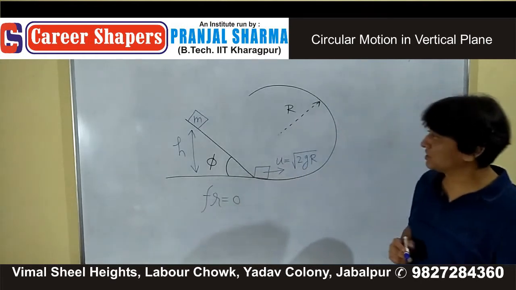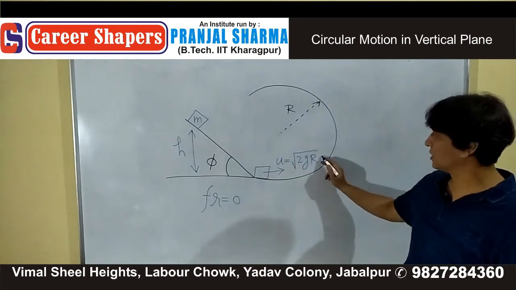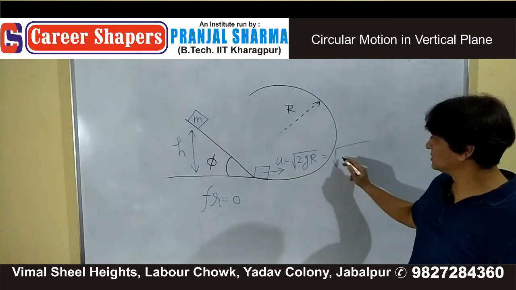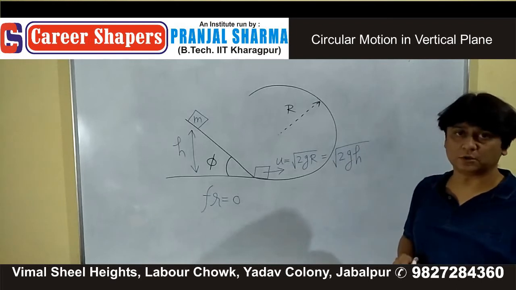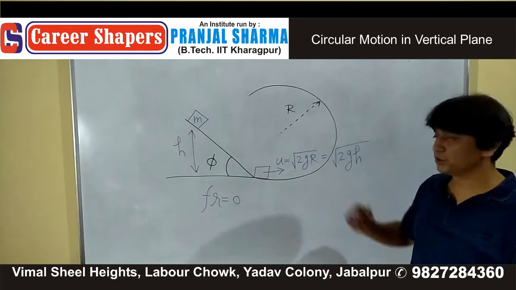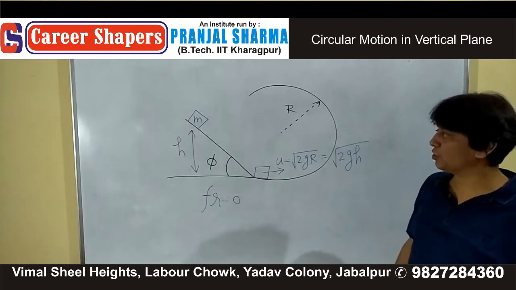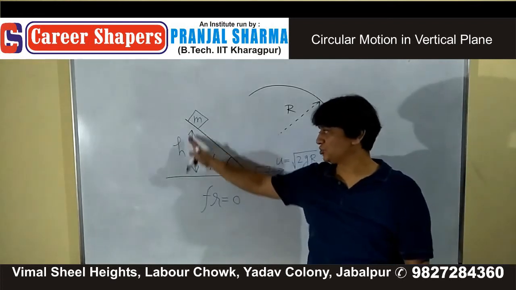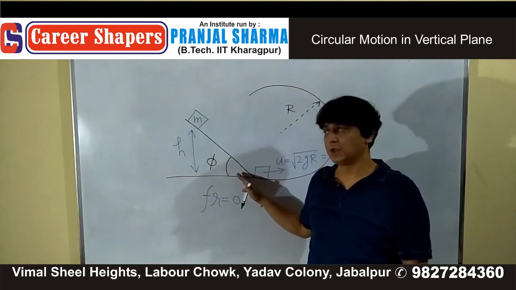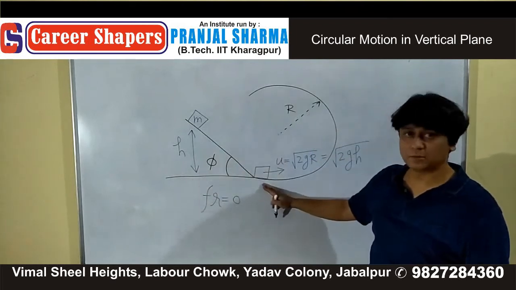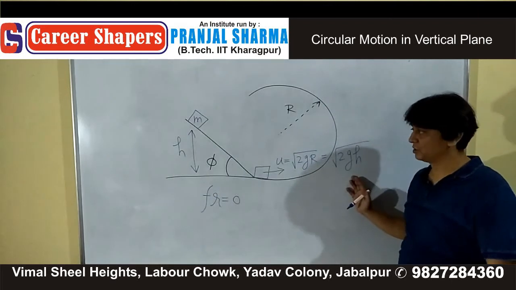What the first method says is that this u therefore is root over 2gh. Question is done. What is root 2gh? From work energy we know that from height h, if you release something on a frictionless surface, then at the bottom velocity is always root 2gh.